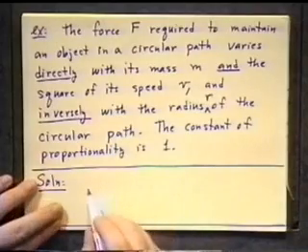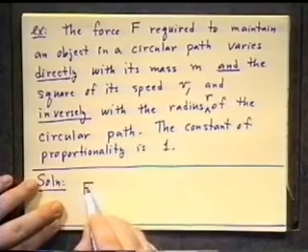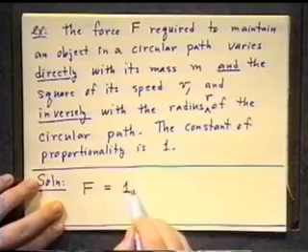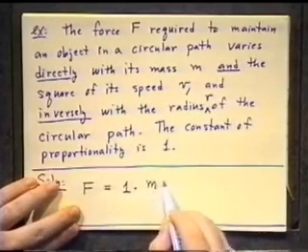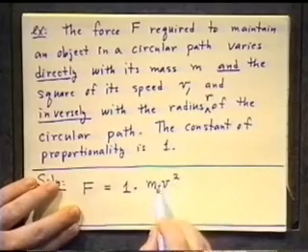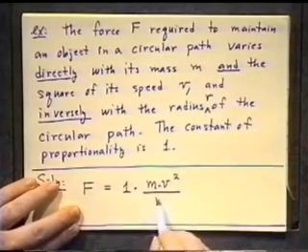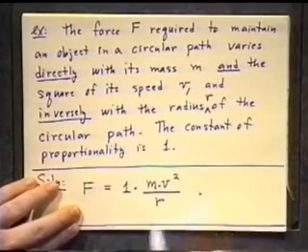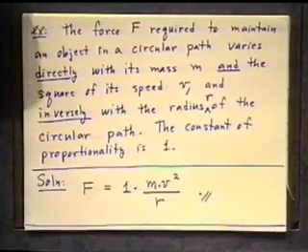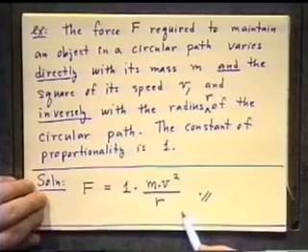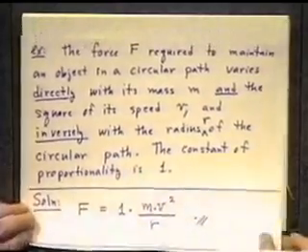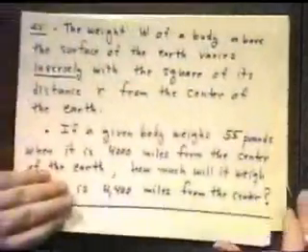So with that information, it's just a matter of writing this down. The force is equal to constant of proportionality 1 times direct variation with the mass and the velocity squared, and inverse variation with r. And that's it. That's all that needs to be written down if you wanted to just examine direct variation and inverse variation here. All right, here is a final example in which we have to do a little bit more calculation.